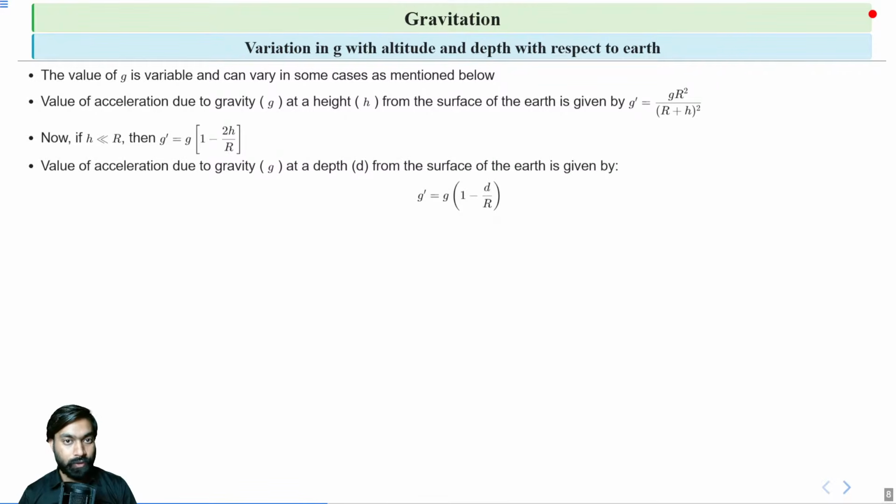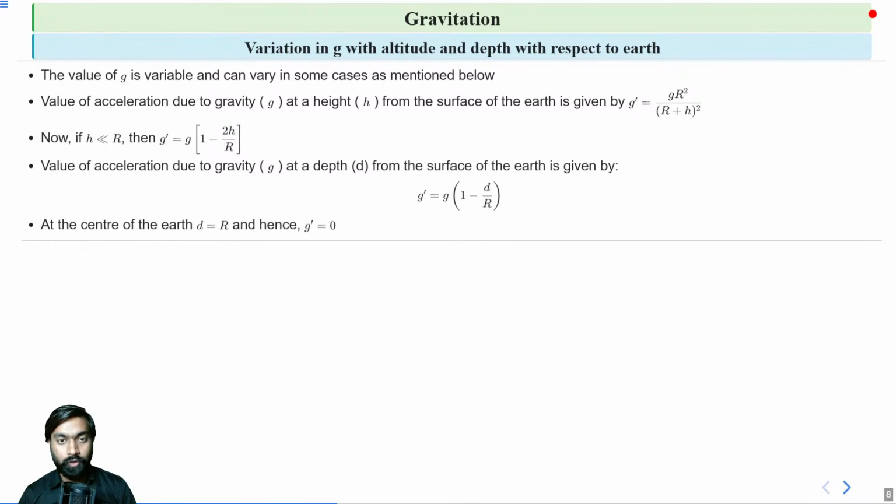Now the value of acceleration due to gravity at a depth d from the surface of the earth: the formula will be g prime equal to g multiplied by 1 minus d divided by capital R. Here is one special case, at the center of the earth. It means small d is equal to R, and in that case g prime equals 0. Okay everyone? Yes or no? Clear?